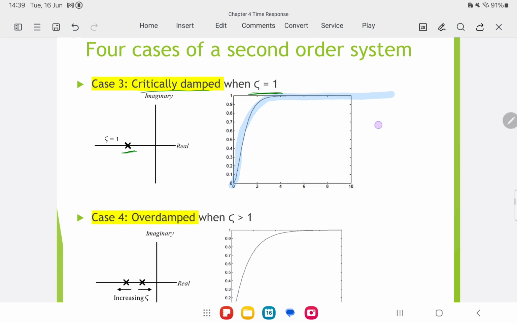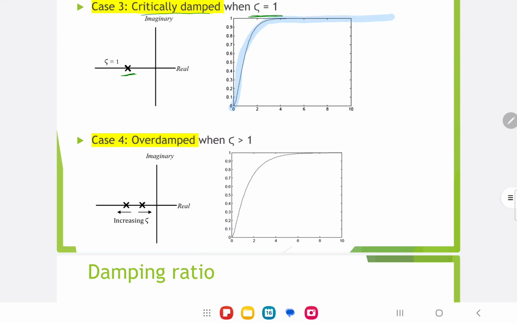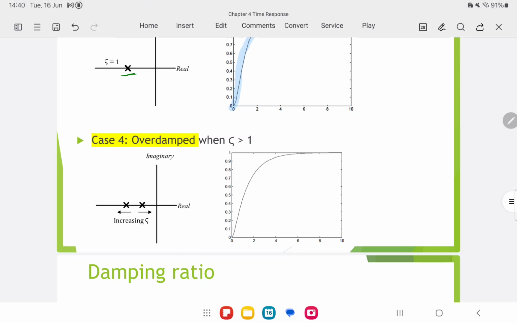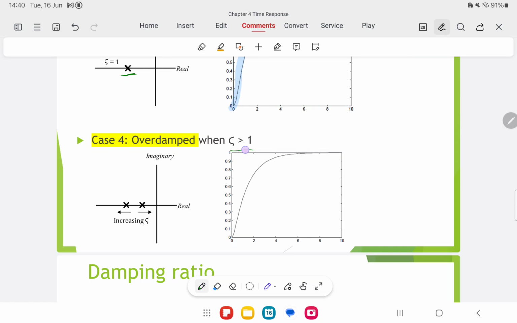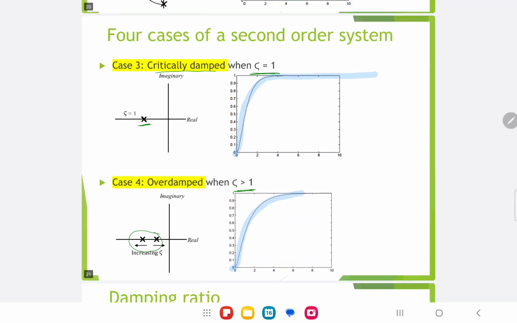The last one is overdamped. Overdamped is when the zeta value is more than 1. The poles are located here. And the graph rises, roughly similar to critically damped. What is the difference?